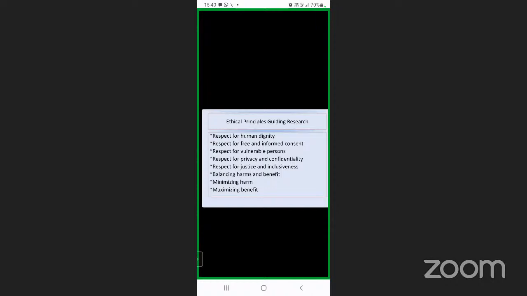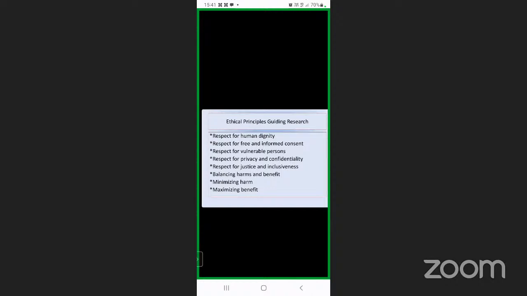But whenever we think about it, it must be more beneficial instead of harmful. That's why the next two points are minimizing harm and maximizing benefit. We have to maintain both sides of the coin for these ethical principles.